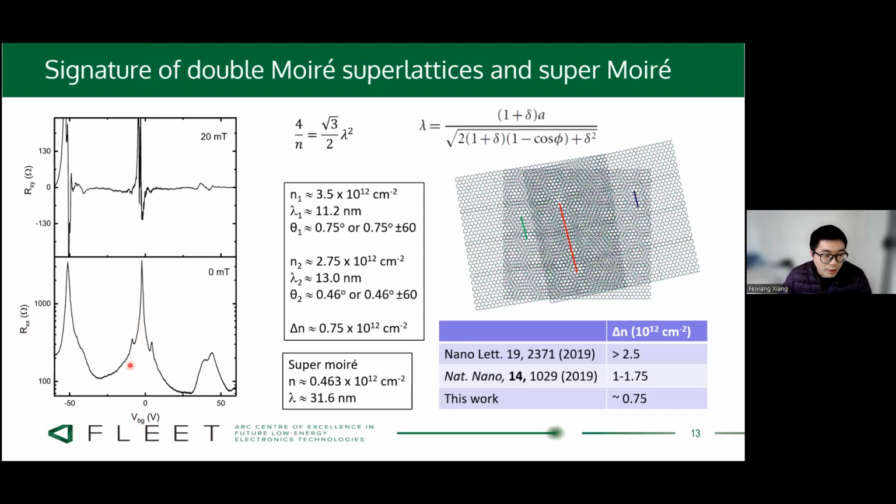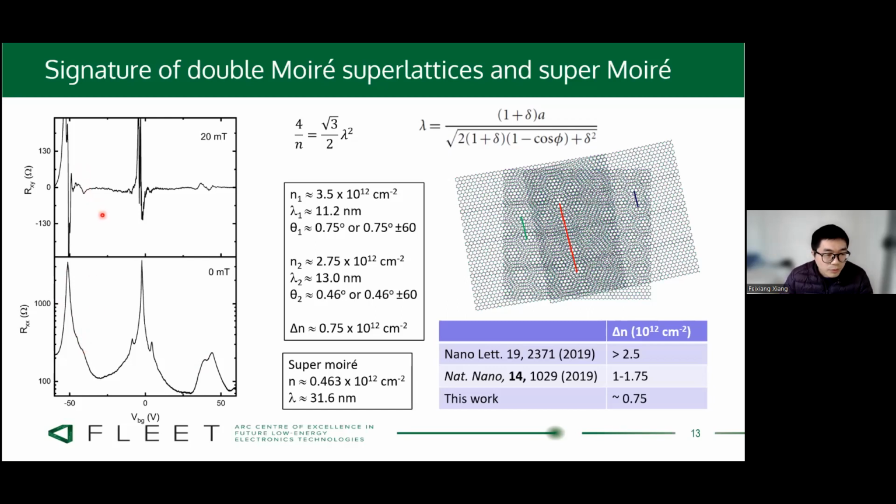But in this case, we can see some satellite peaks at both the electron side and hole side. We can notice there are two peaks on the electron side, but for the hole side, there's a dominant peak with a shoulder. So these are the signature of the two moiré lattices formed at the top and bottom of the graphene surfaces.